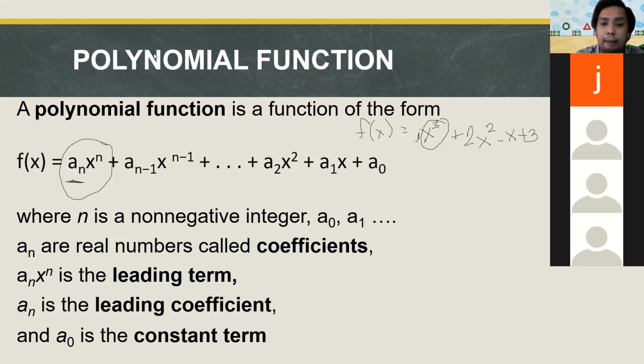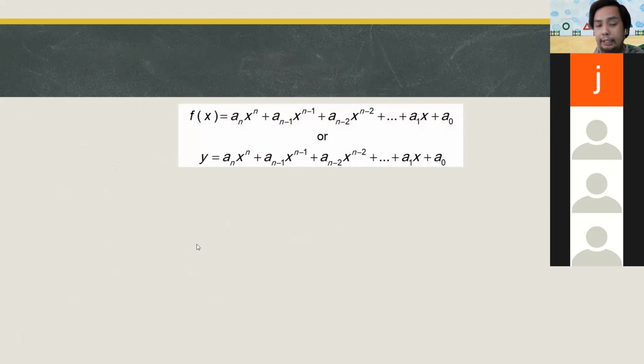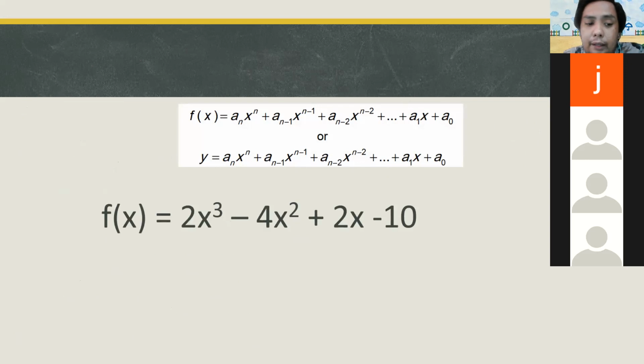Clear natin. A polynomial function can be written in two ways. It can be in f of x form or it can be in y form. Katulad nito, a given can be f of x equals 2x cubed minus 4x squared plus 2x minus 10. Okay po, this is in function of x form kung saan ang 2x cubed ang ating leading term, ang ating 2 ang leading coefficient with the power of 3.